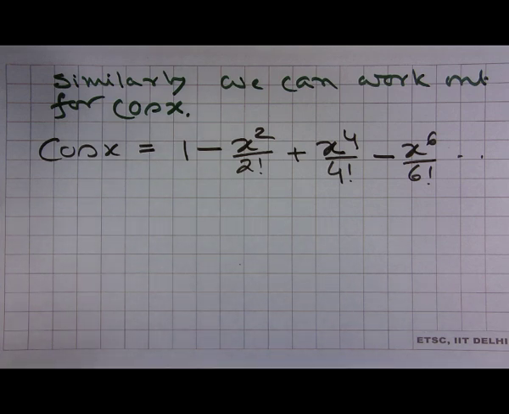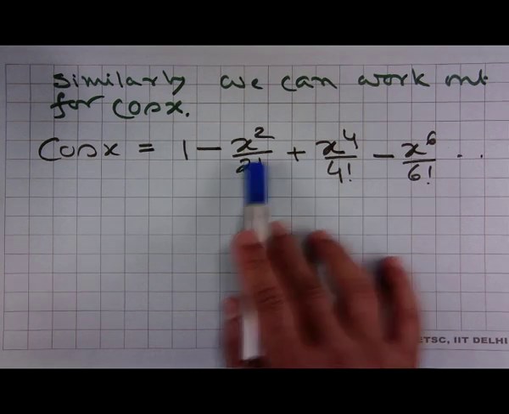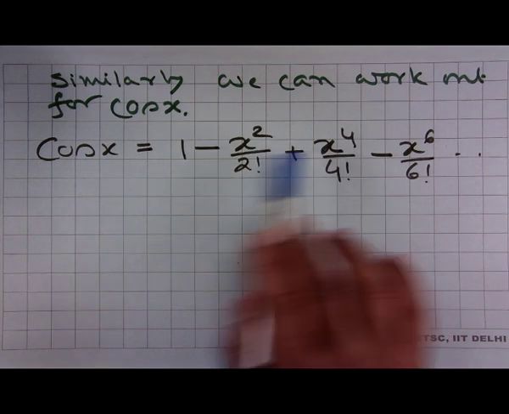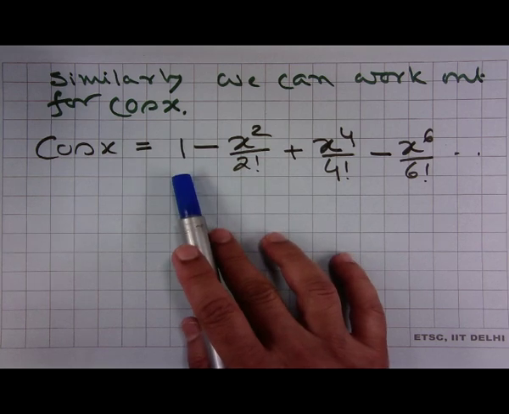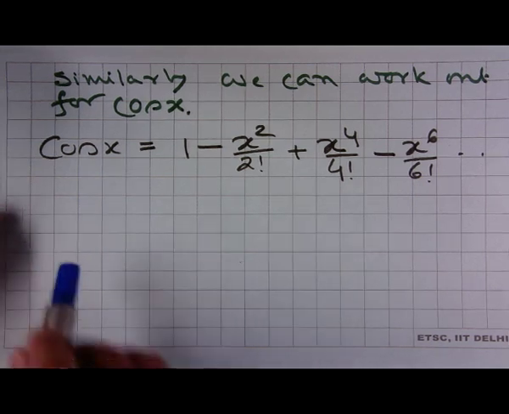That is, when we look at cos x, we find only even powers of x, and again like sine we get alternatively positive and negative signs. Next we look at tan x.